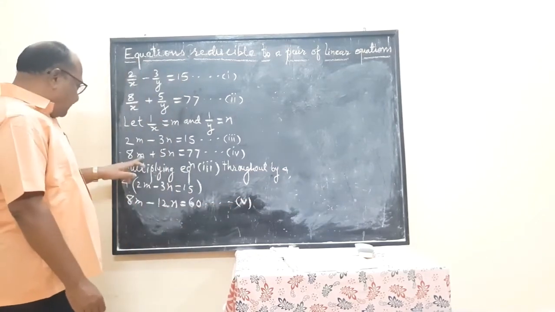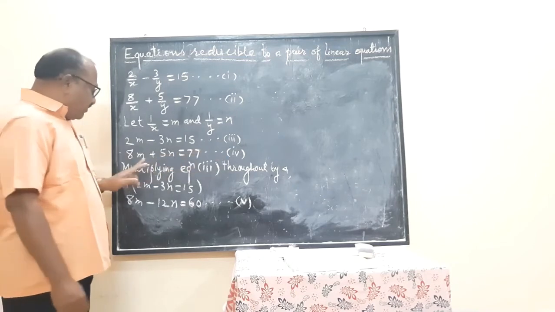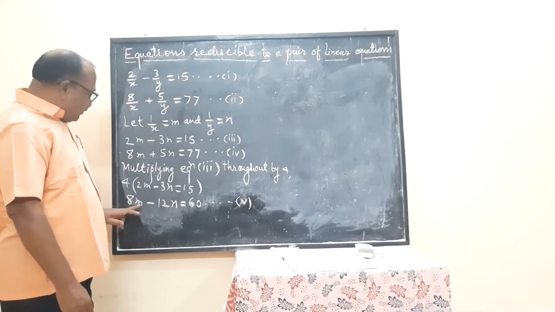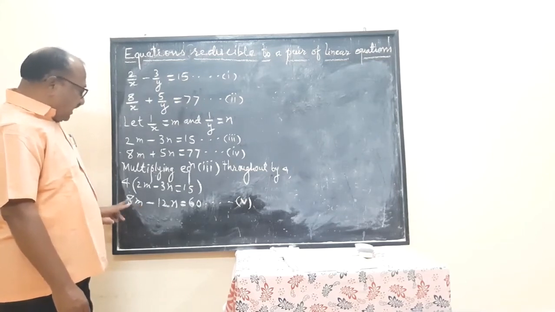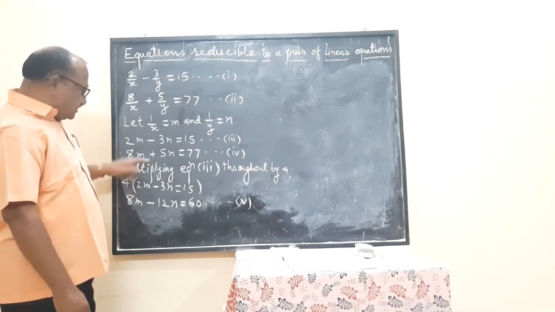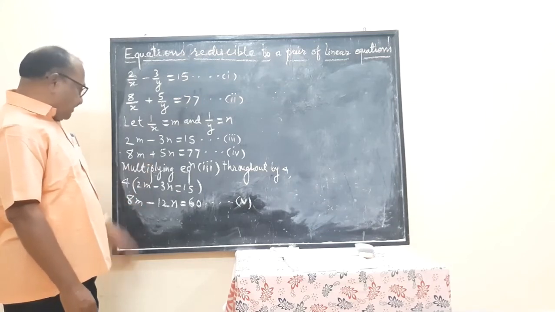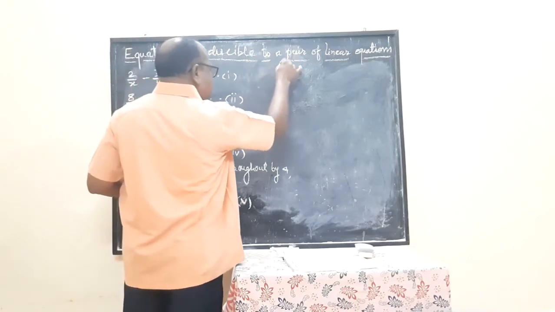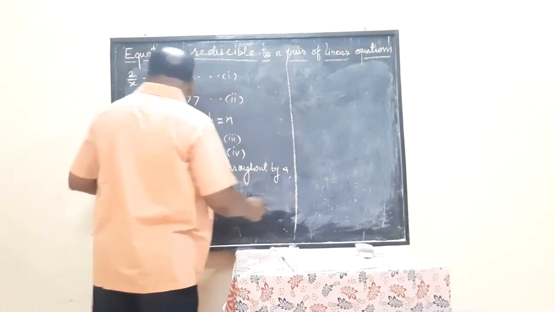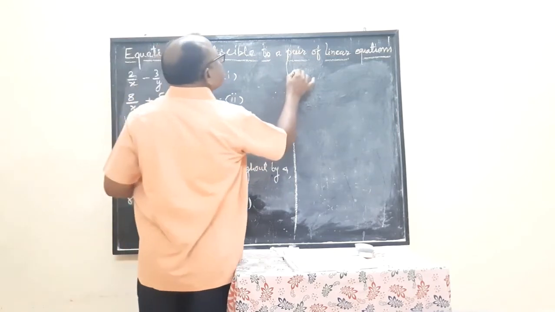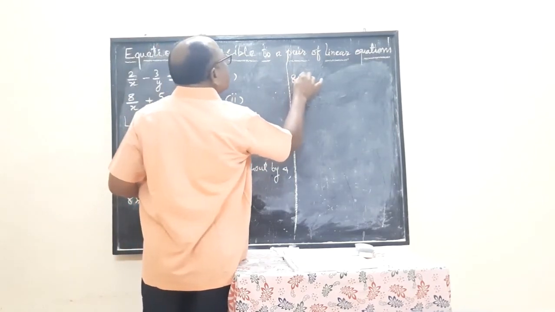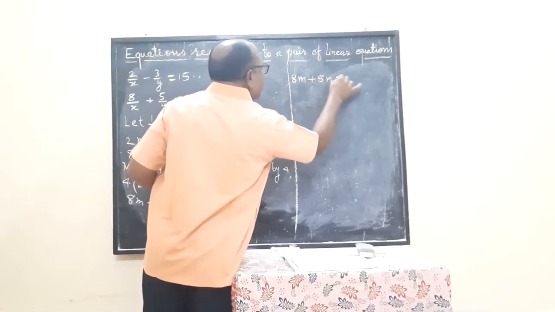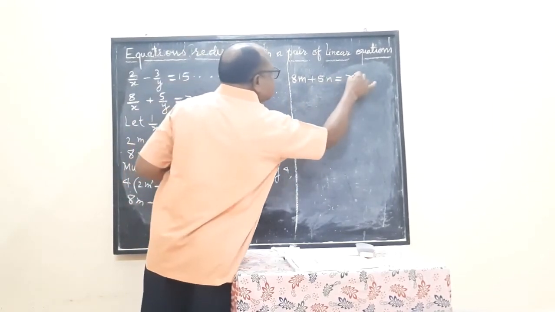Now remember one thing, here in equation number 4, coefficient of m is 8. In this equation 5, coefficient of m is 8. That is why I have to take subtraction of these two equations. So that is why I will write like this: 8m plus 5n equal to 77.